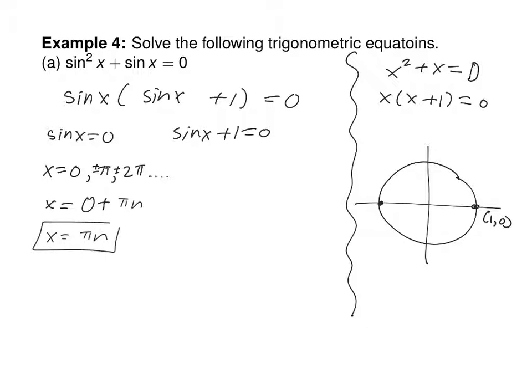That gets them all. So why did you do 0 plus pi n after you got multiple answers? You got x equals 0, positive negative pi, positive negative 2 pi. How did you get from that step to the x equals?